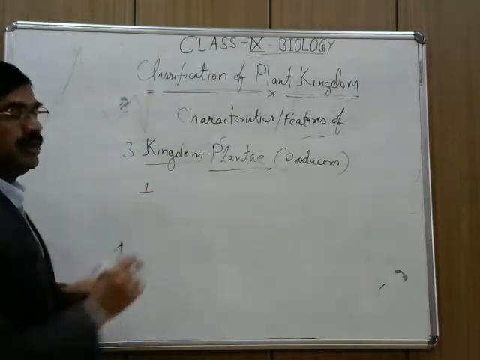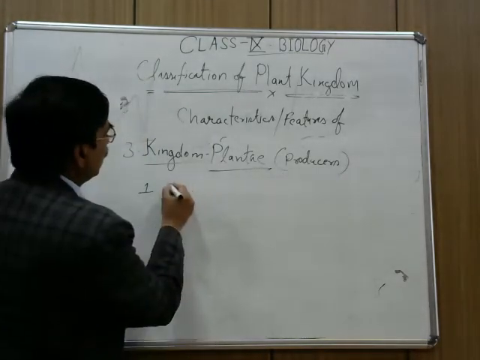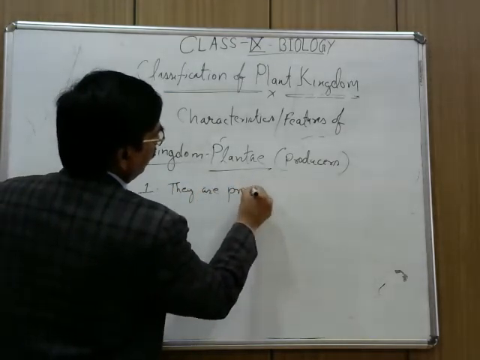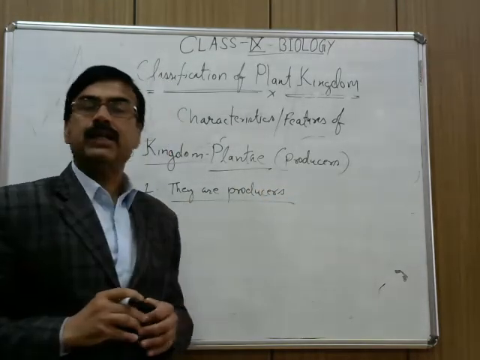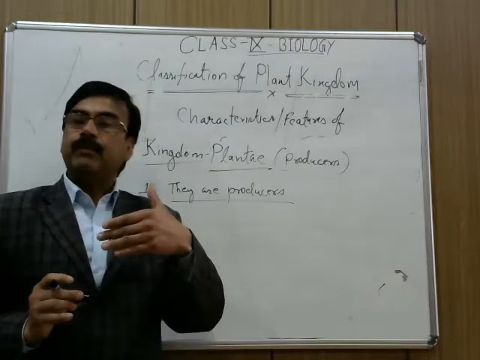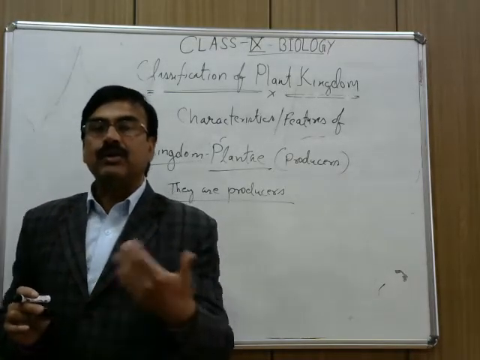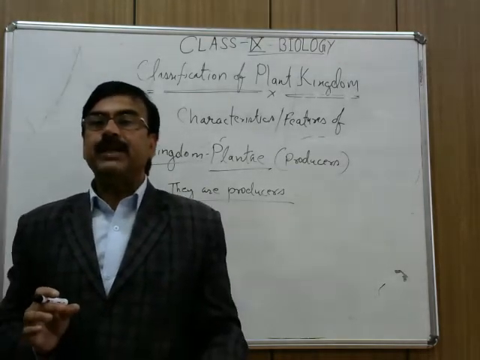Character number 1, you have to write that they are producers, because they contain chlorophyll, they can perform photosynthesis, and that is why they are autotrophs, or you can call them producers.